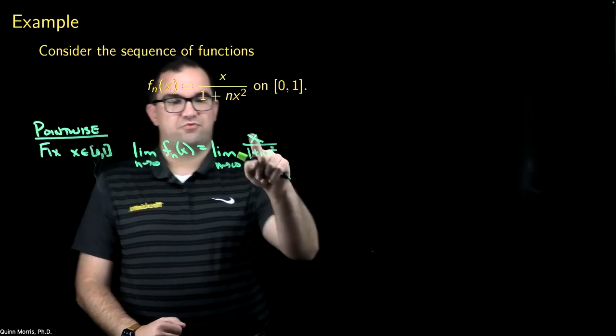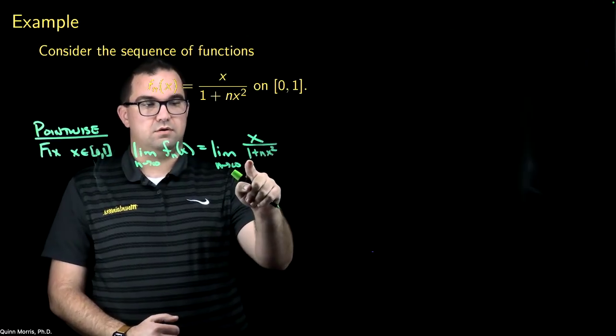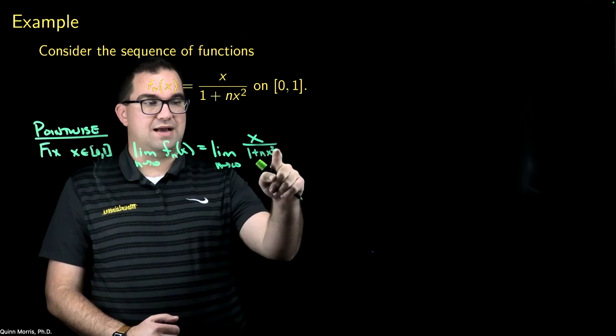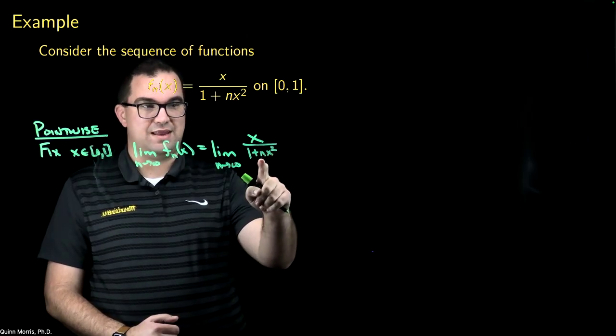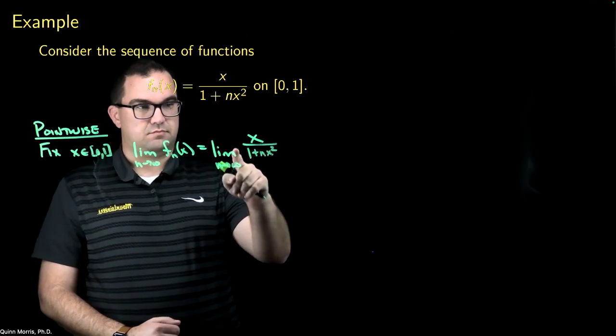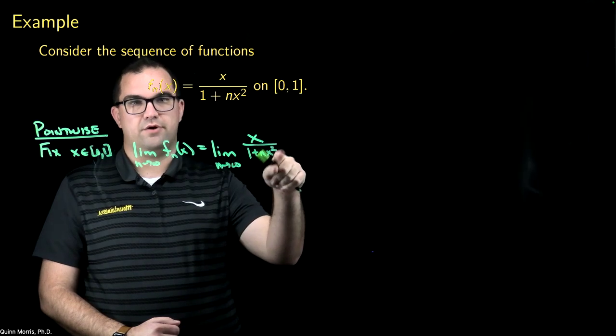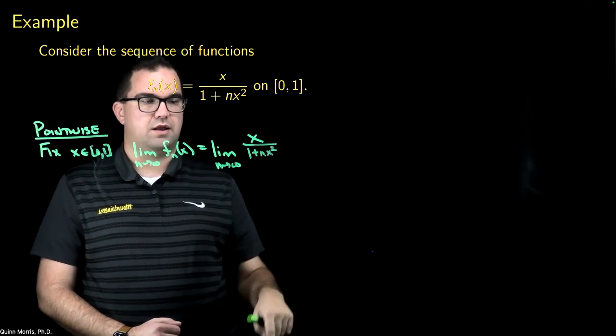And in fact, for any fixed x value, the top will be fixed. Here I just have an x. The x squared will be some fixed value, and now n is going to go off to infinity. So the numerator is fixed. The bottom is going to go to positive infinity. We have x squared here, so that's always going to be non-negative.